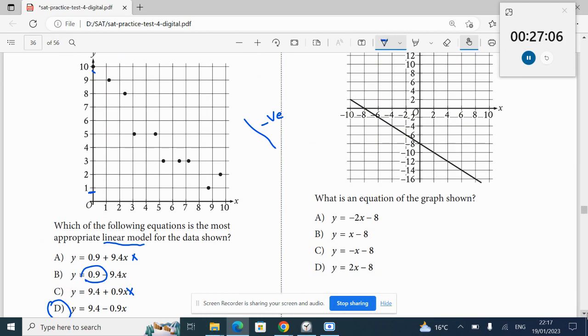What is the equation of the graph shown? We can see that this is definitely a minus gradient. So minus gradient means that this is not true and this is not true. Then we need to see the y-intercept. The y-intercept is minus 8, and we have minus 8. So we need to find the gradient. This is y and this is x. What is y? Y is minus 4.